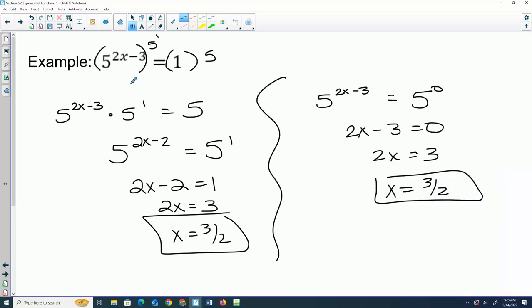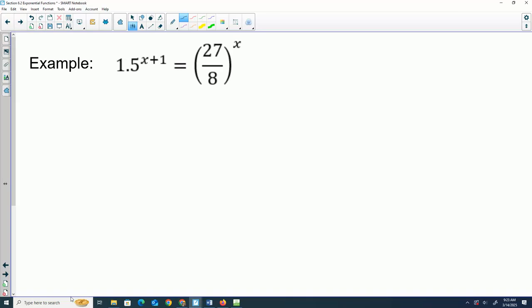All right. Final problem of the day. (1.5) to the x plus 1 equals (27/8) to the x.